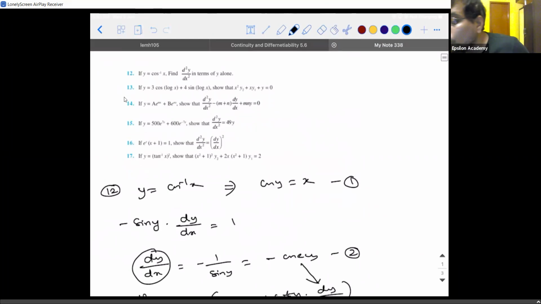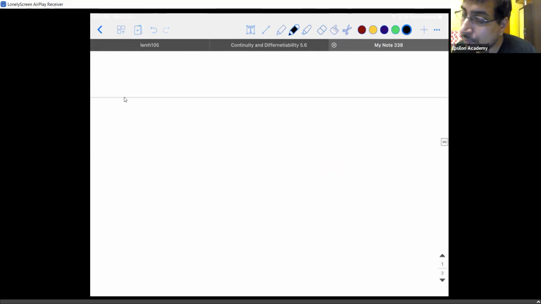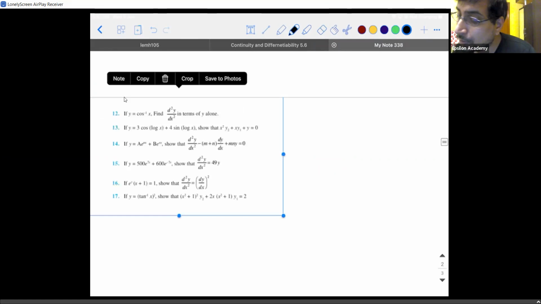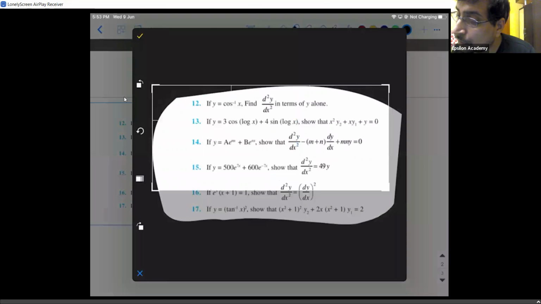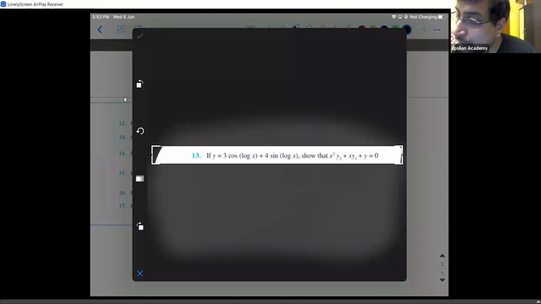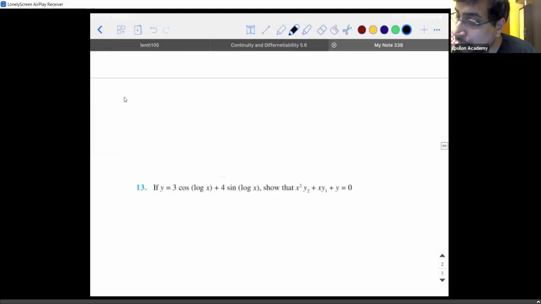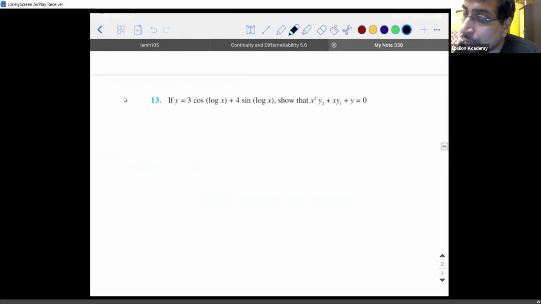Y is equal to 3 cos log x plus 4 sin log x. So how to do the solution for this?